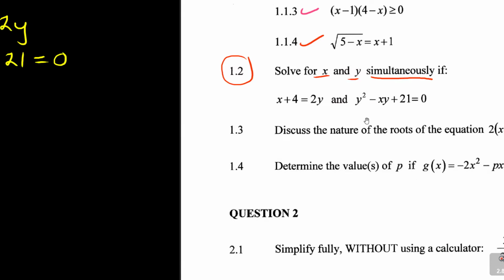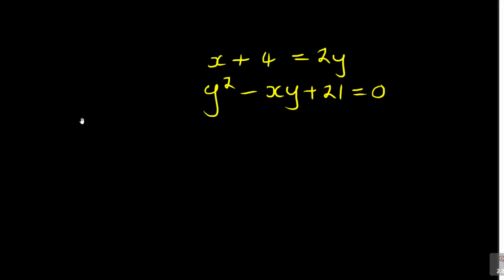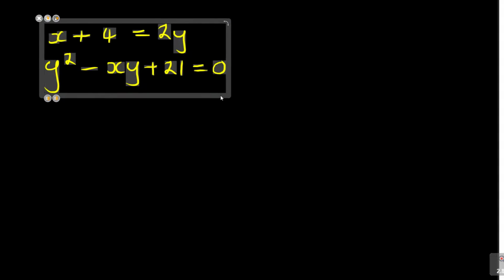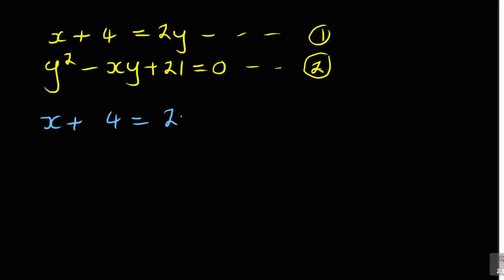So let me just check if I'm doing this right. Okay, so I need to solve for x and y simultaneously here. Again, very important strategy that you need to do. This is equation 1. This is equation 2. Now you need to go to the simpler equation, which is equation 1, to say x plus 4 is equal to 2y. And you can see it's easy for me to make x the subject, meaning I can remain with x on my left hand side.